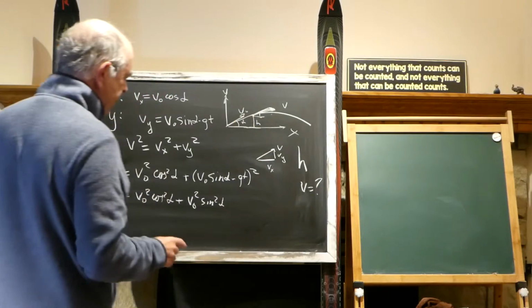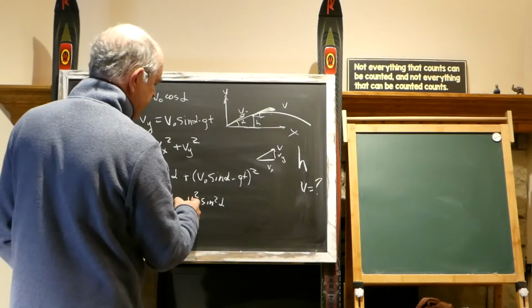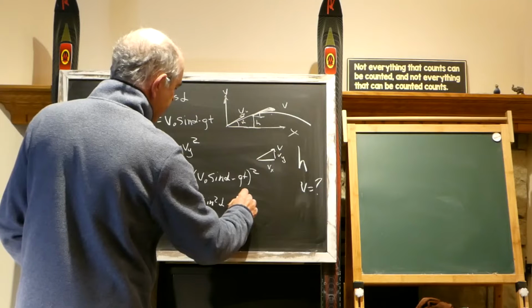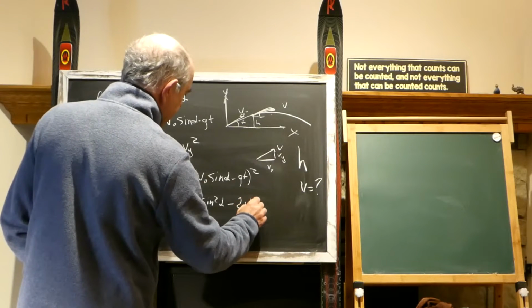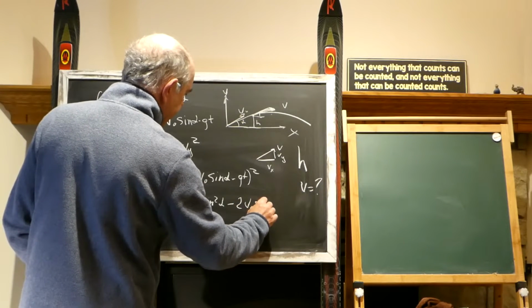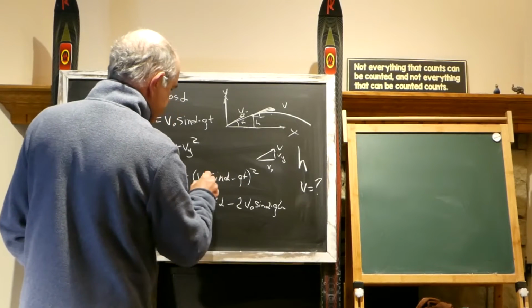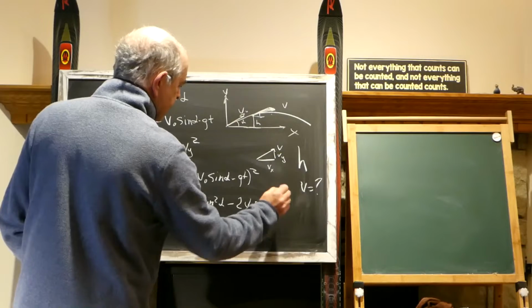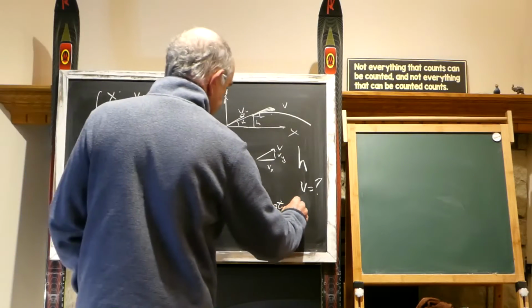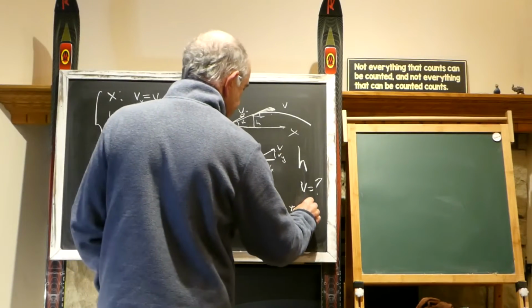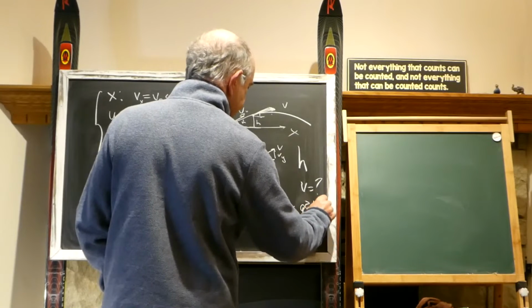But I run a little bit ahead of myself, so say a squared minus 2ab: minus 2 v0 sine alpha multiplied by gt, because this is a and this is b, plus g squared t squared.